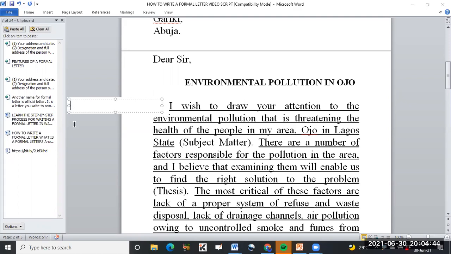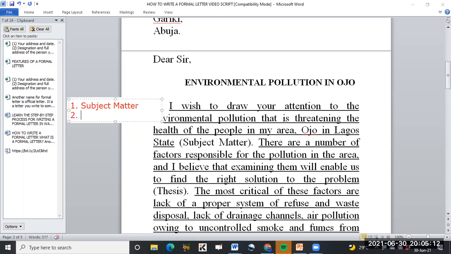Now, number one is the subject matter. All right, that's exactly what the letter is about. That is the first thing that the introductory paragraph should contain.